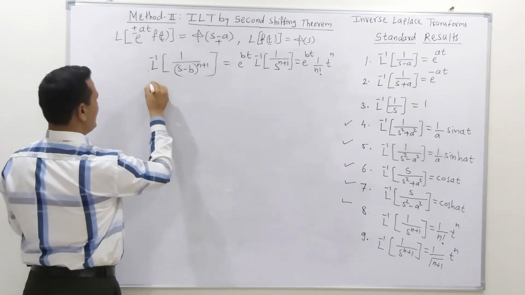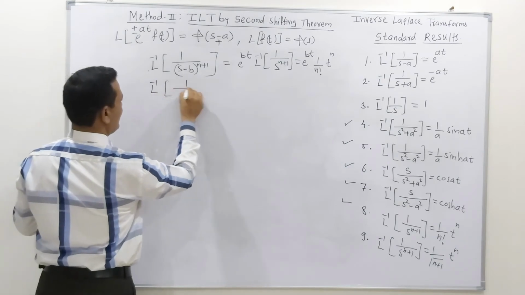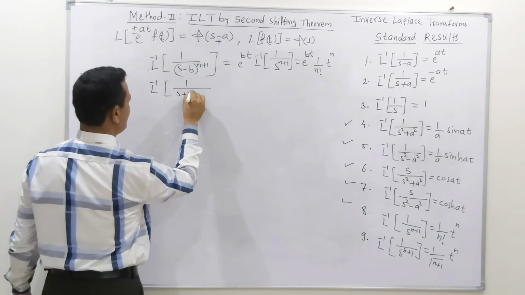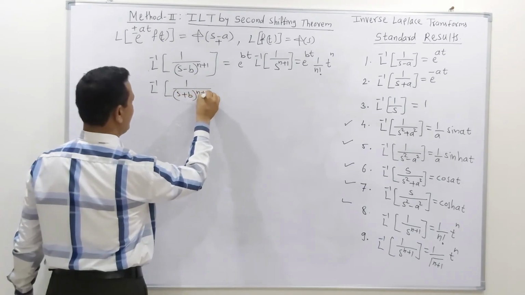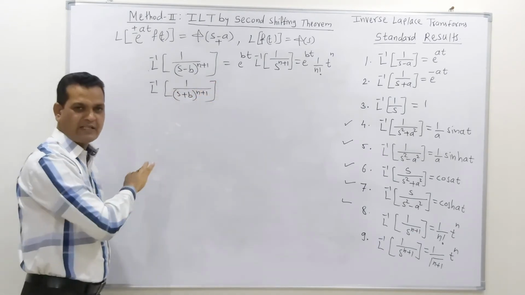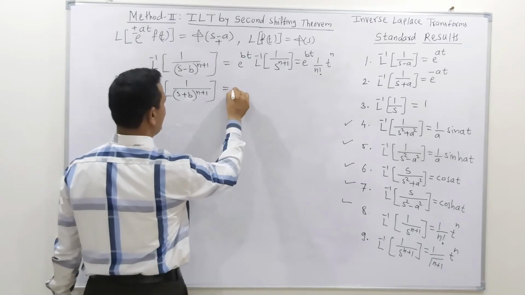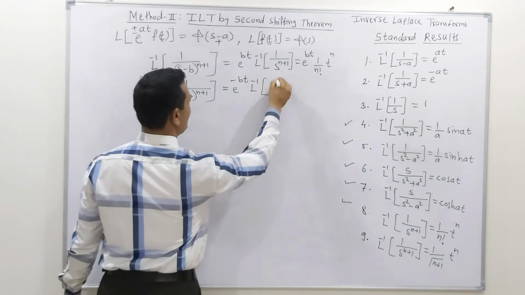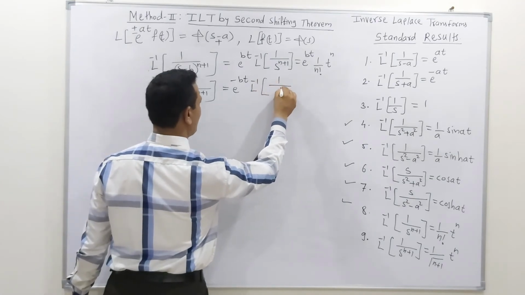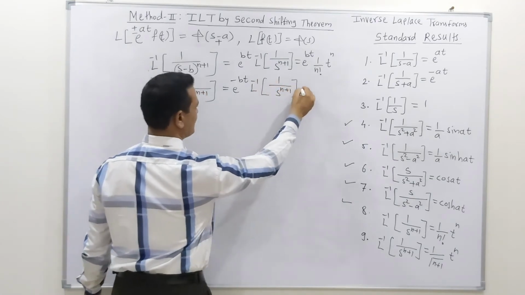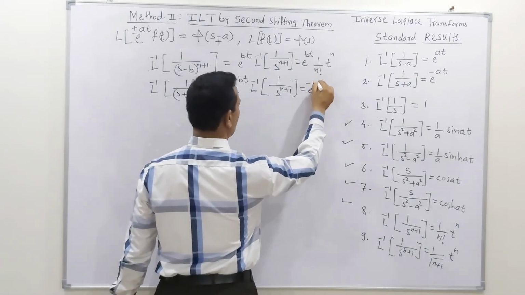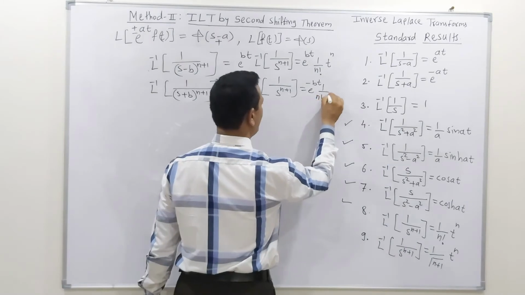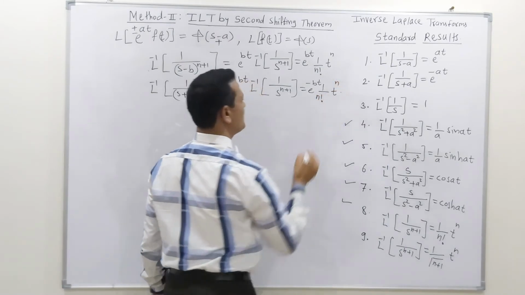It is possible that we can add a constant to the parameter s. So we can write this as (s plus b) raised to n plus 1. If plus is there in between these two terms, then we can write this as e raised to minus bt into the inverse Laplace transformation of 1 upon s raised to n plus 1, which is e raised to minus bt into 1 upon n factorial into t raised to n.